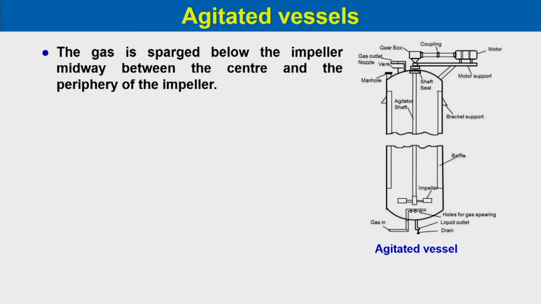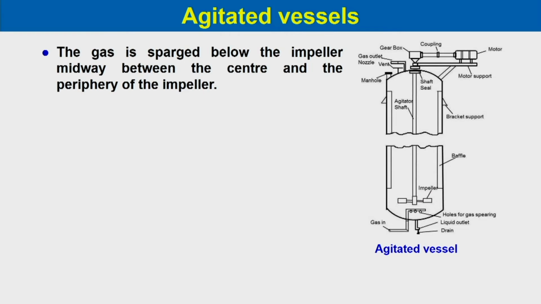The gas is passed below the impeller, midway between the center and the periphery of the impeller. So, the liquid is kept inside the container, and then gas is passed through it. Once gas is passed, the impeller will take this gas and liquid and mix them.